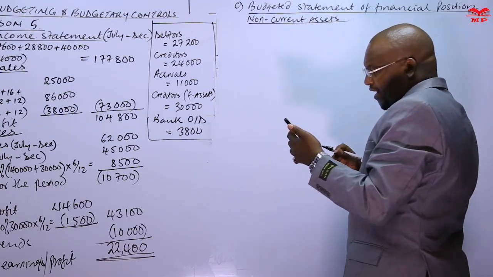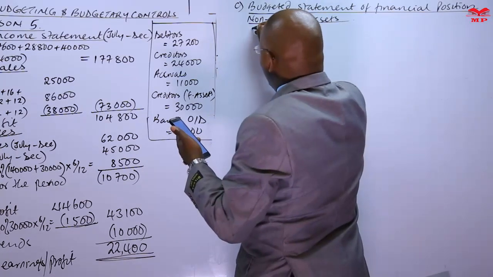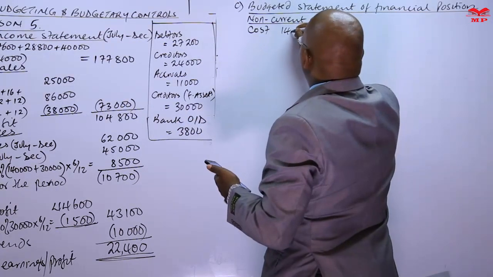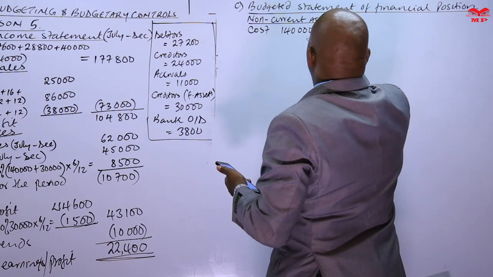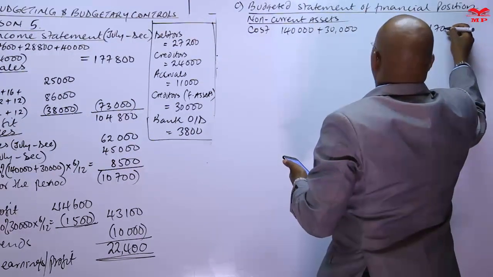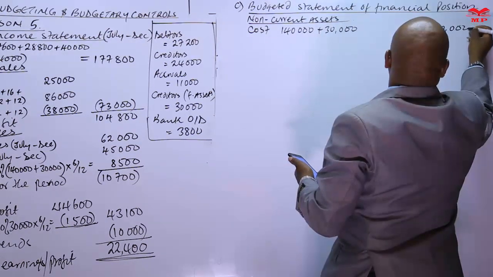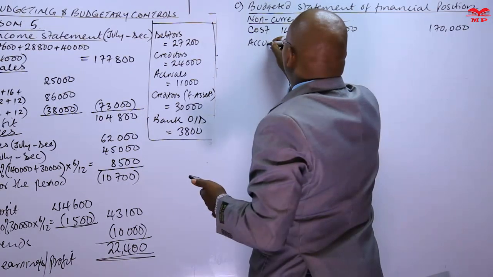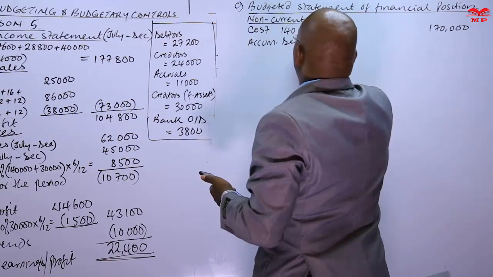We already have non-current assets. We have the cost of the non-current assets. We have 140,000. We add the new asset of 30,000. This is going to give us 170,000 as the cost of the asset. Then we have accumulated depreciation.